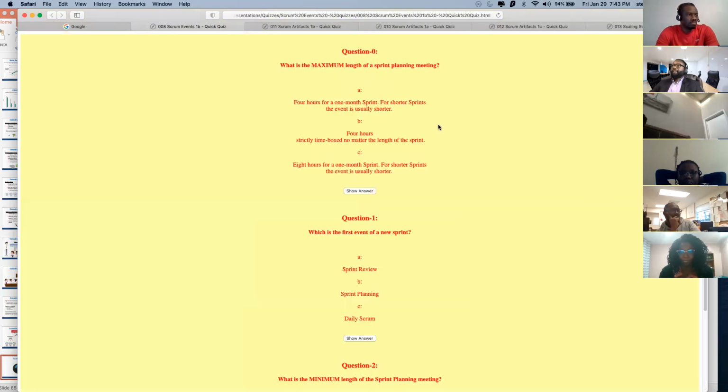What is the maximum length of a sprint planning meeting? A, 4 hours for a 1 month sprint. For shorter sprints, the event is usually shorter. B, 4 hours, strictly time boxed, no matter the length of the sprint. C, 8 hours for a 1 month sprint. For shorter sprints, the event is usually shorter. A, B, or C? C, 8 hours.